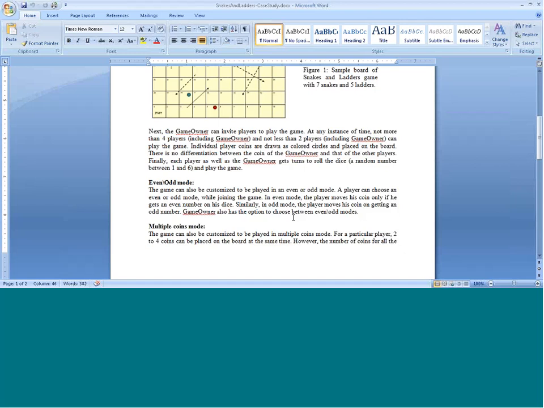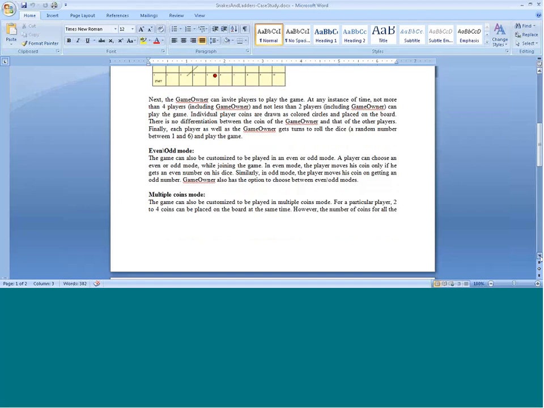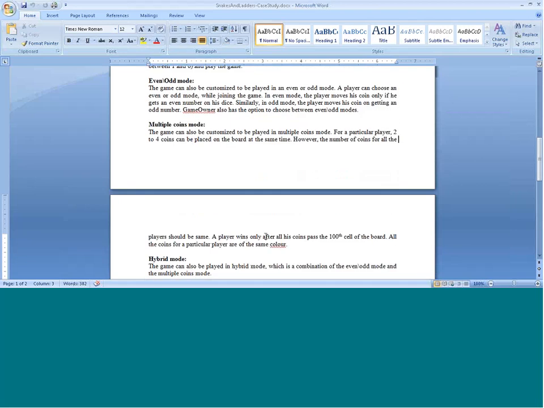Now, in the multiple coins mode, for a particular player, two to four coins can be placed on the board. However, the number of coins for all the players should be same, right? So the players can place any number of coins on the board.